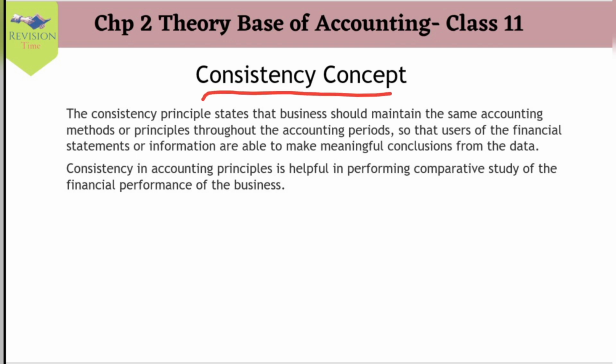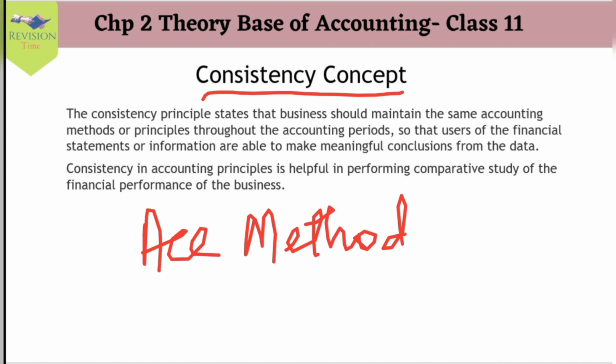Next one is consistency concept. This concept in simple terms means that a business must follow the same accounting methods and procedures every year to prepare and present their financial statements, because it becomes easy for various users of accounting information to come to conclusions or to compare information from one year to another year or from one firm to another firm.